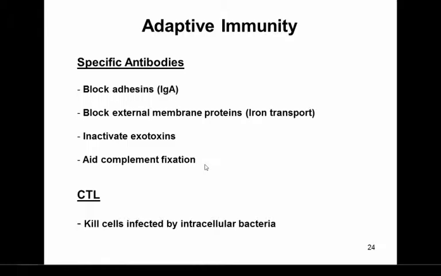And only in certain cases, if bacteria grow intracellularly, then cytotoxic T lymphocytes, CTL, can also be important. So for bacteria that grow intracellularly, such as Mycobacterium tuberculosis and Listeria, antibodies are not so effective or not so important in immunity. It's mostly T-cell mediated immunity, which allows the infected host cells to be killed.